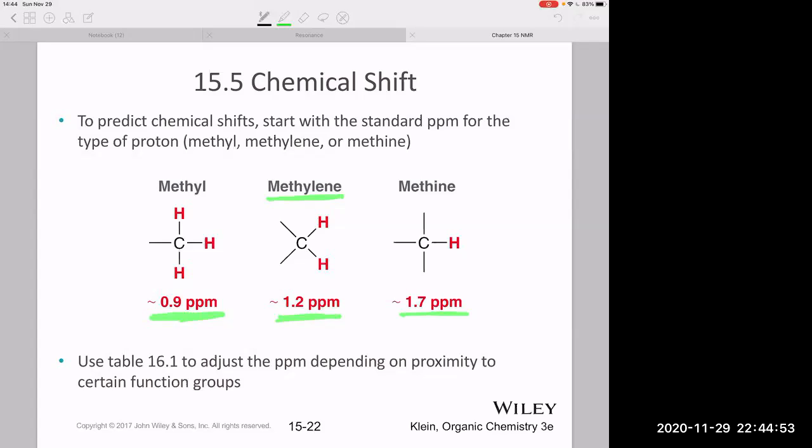All right, so you could also think about this as primary, secondary, and tertiary carbons, specifically talking about the hydrogen. But notice that basically the higher the degree of substitution, the more it's shifted downfield. So your methyl groups you expect to be the closest upfield.